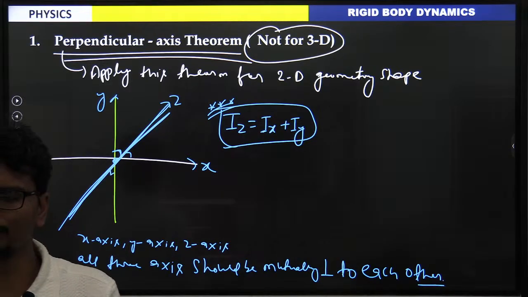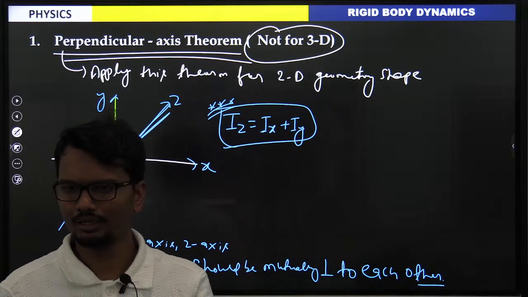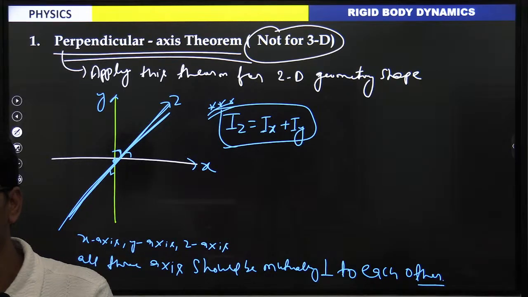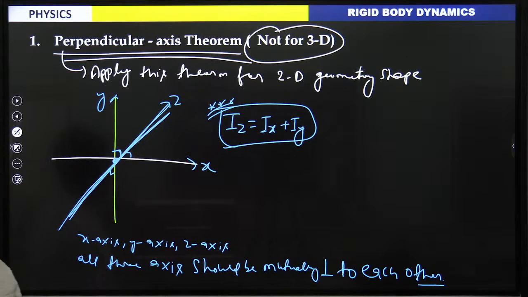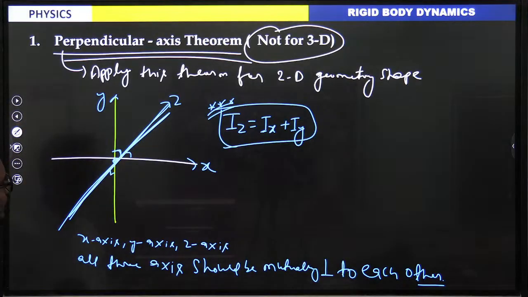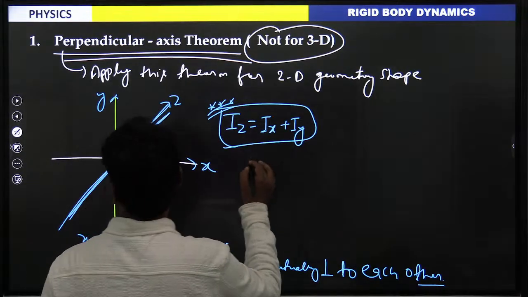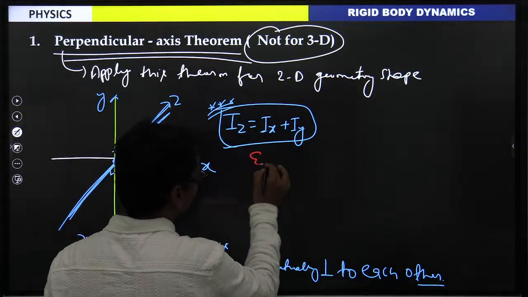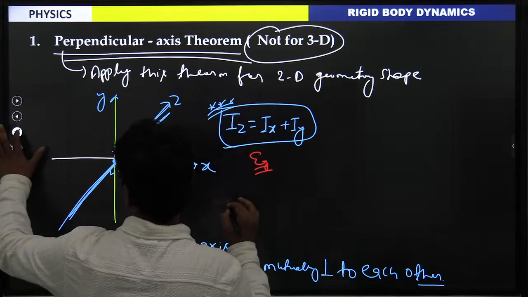The condition is that all three axes x, y, z are mutually perpendicular to each other. These are the three conditions you should remember, and now you can look at the example of this theorem.